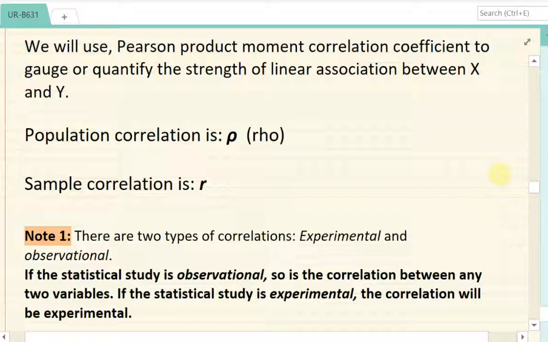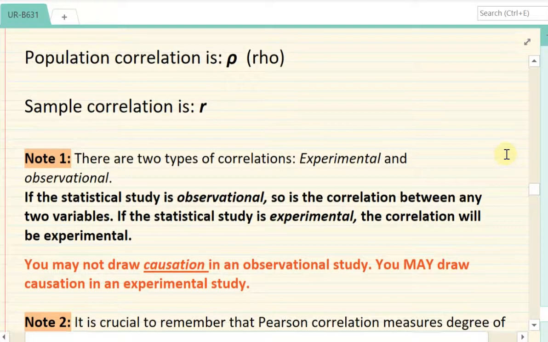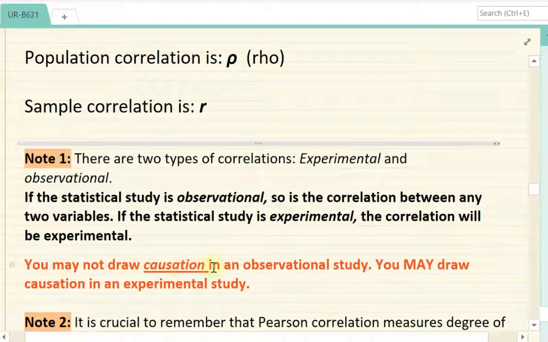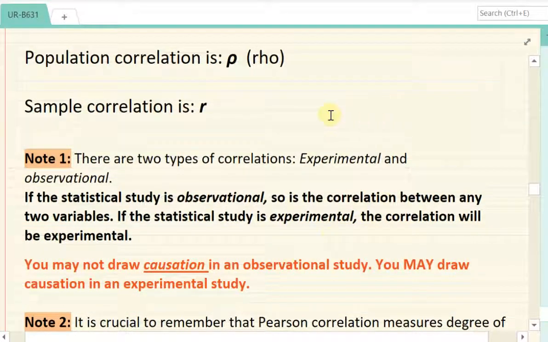So the difference between the two: if the correlation is observational, we cannot draw causation. You may not draw causation in an observational study. So for example, if the correlation between two variables is high, and these are observational correlations, I cannot say variable x is causing the values of variable y to change.